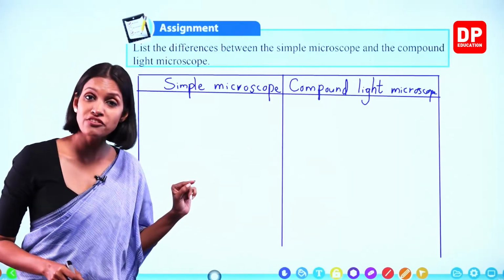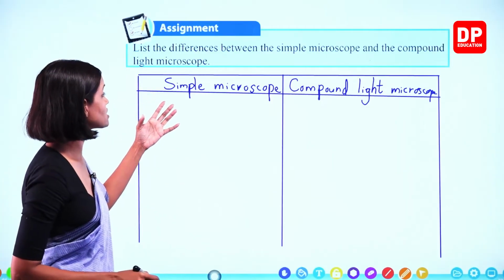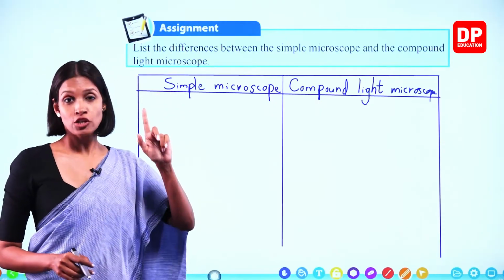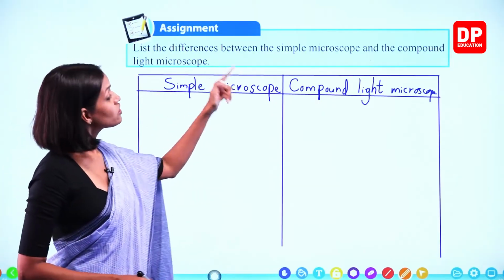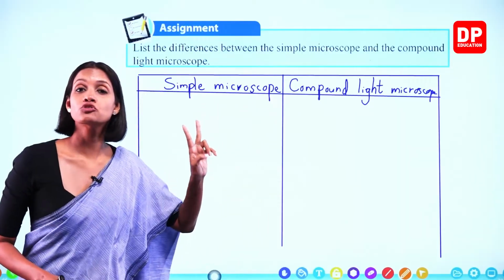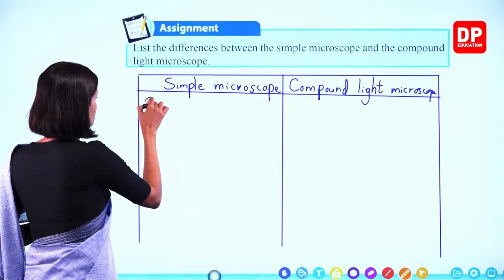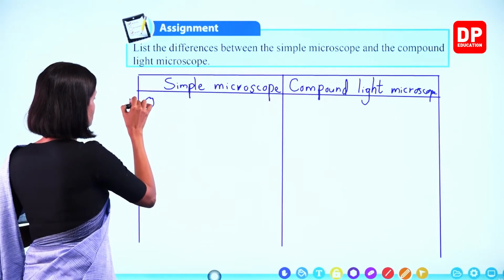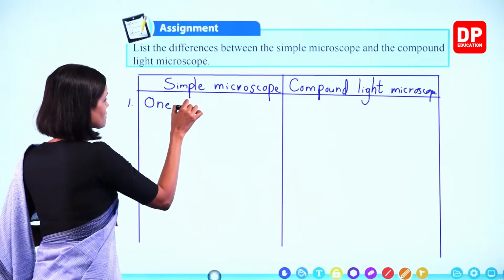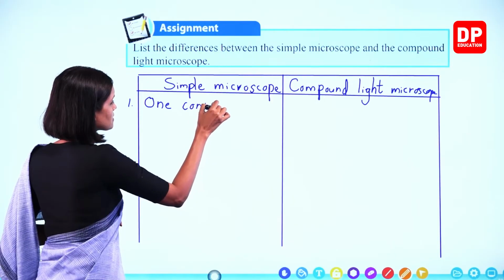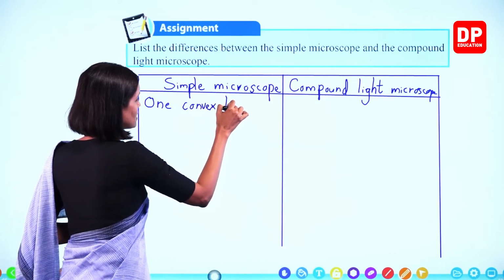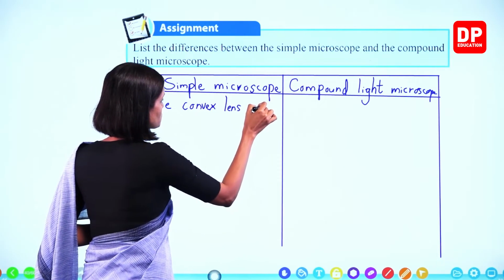What is the main difference? We call this simple microscope because only one convex lens is used. We call it compound microscope because 2 convex lenses are used, right? 1 convex lens is used. That is the first difference. 1 convex lens is used.